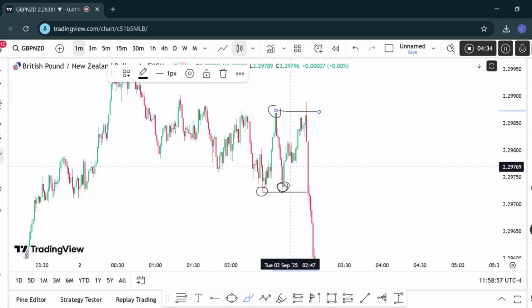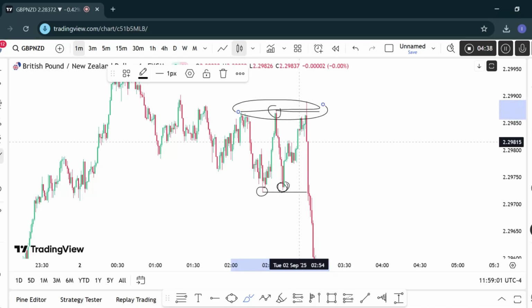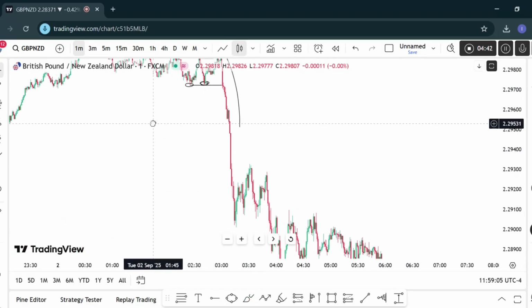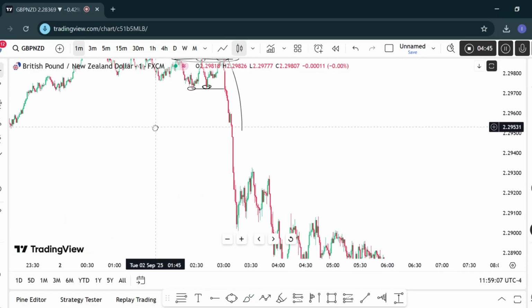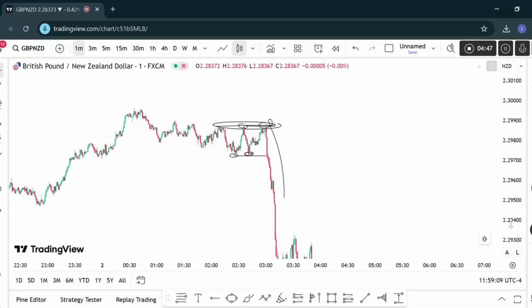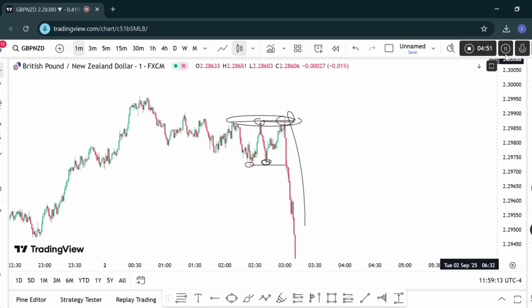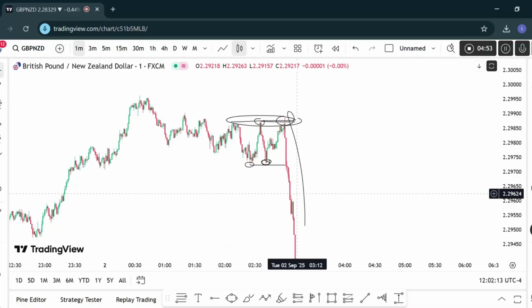The market makers now know they have generated enough money that they want above that high. Now they go smoke that and run lower, and they went lower aggressively. So it's very simple, it's very obvious, and it's all over the place. You cannot deny that. So this is all you need to know about inducement.